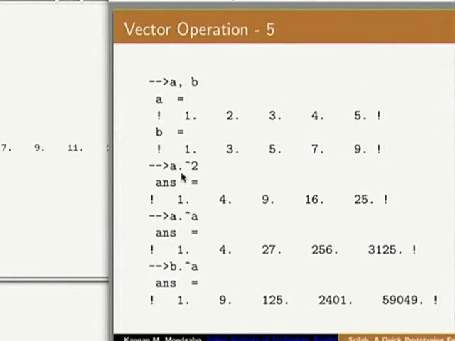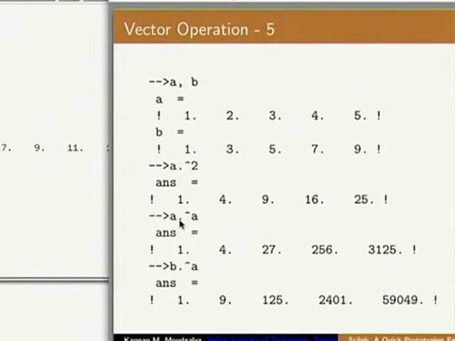Okay. Another useful thing is what is known as the dot operator. Here, for example, I have written A dot squared. By the way, this caret sign, up arrow, means to the power. So A dot to the power 2 means this dot says for individual entries. Otherwise, what is meant by the square of a vector? There's no meaning, okay?